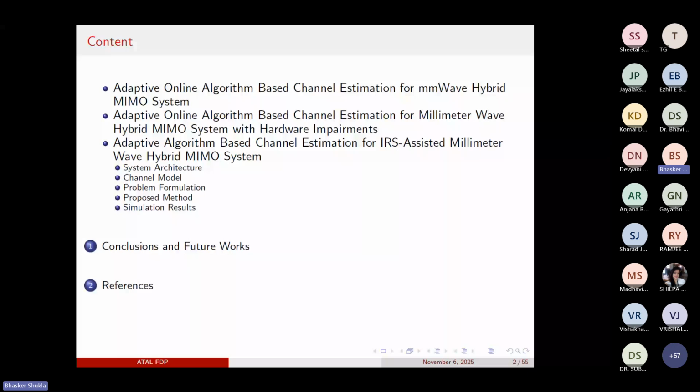IRS means intelligent reflecting surface assisted millimeter wave hybrid MIMO system. For these systems, I will go through the system architecture, channel model, problem formulation, and after that the proposed algorithm, and then simulation results will be discussed.